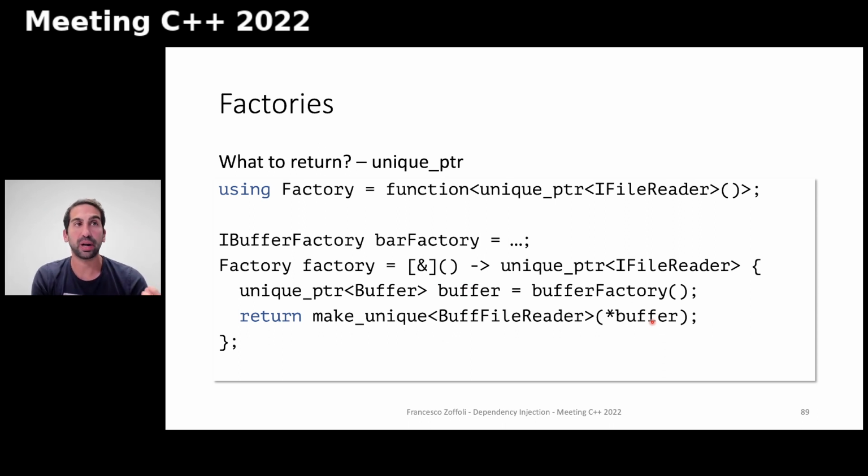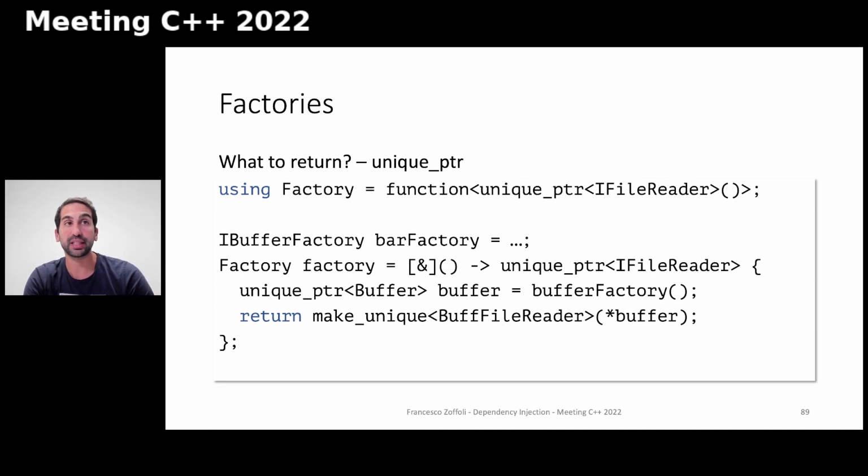And you could say, well, the buffer reader should own the buffer because, for example, there's no point in sharing this buffer across multiple classes. But it's not up to the file reader to decide that the buffer needs to be freed after it's done using it. Maybe you want to reuse it. So it's not super common, but it's not necessarily a very over-engineered problem.